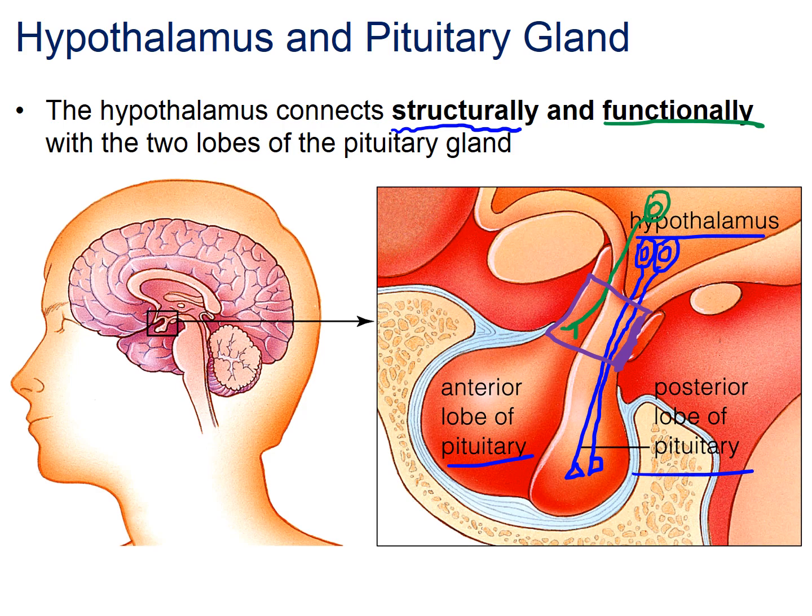What they do is secrete different types of hormones that then exert their effect on the anterior pituitary gland. So rather than physically connecting the two parts, they are only functionally connected. In other words, the hypothalamus will influence the secretion of the anterior pituitary gland through a set of hormones.